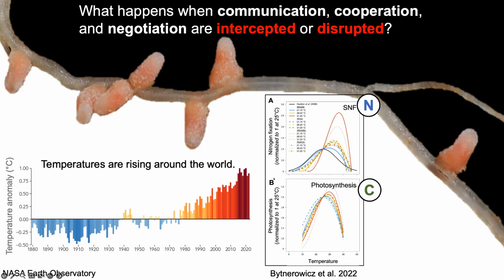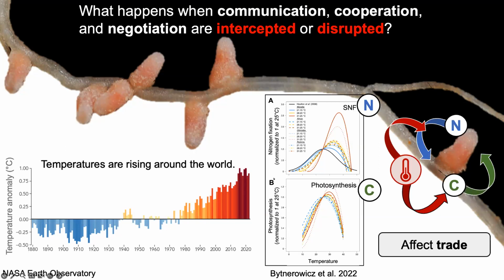So the rate at which those resources are produced is a function of temperature. And so what that suggested to us is that changes in temperature could affect the outcome of trade in this particular interaction by modifying either the rate at which these resources are produced or the negotiated exchange rate.